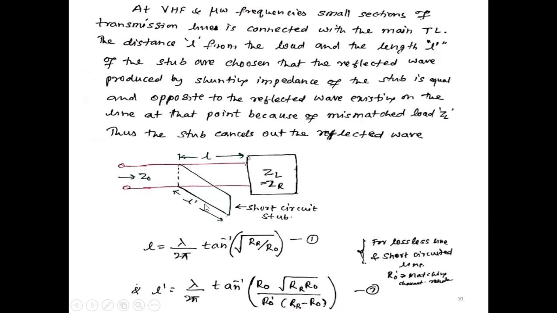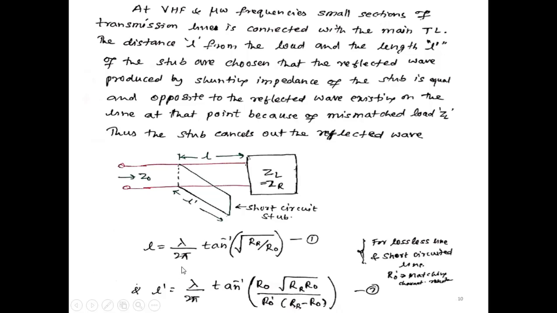The formula to find the length, the point where the stub is to be placed, L, is given by lambda by 2 pi tan inverse of the square root of the load resistance divided by the characteristic resistance.